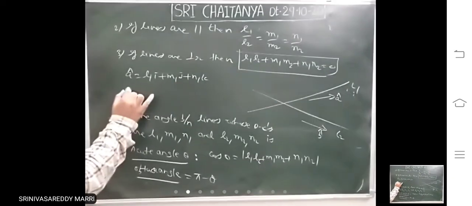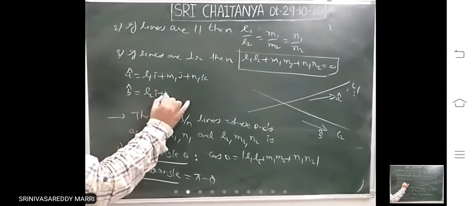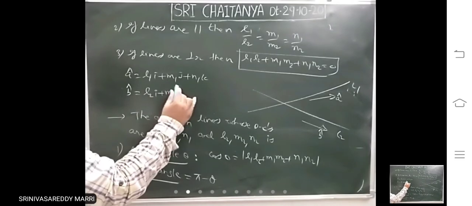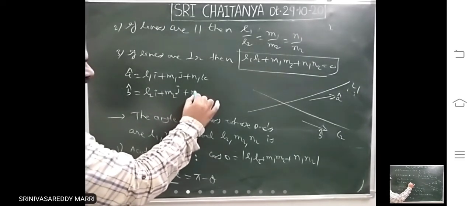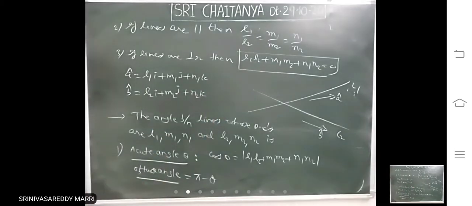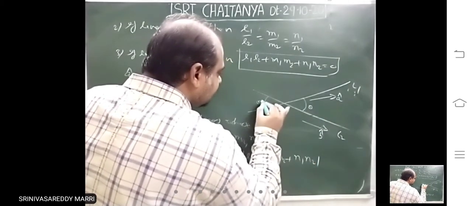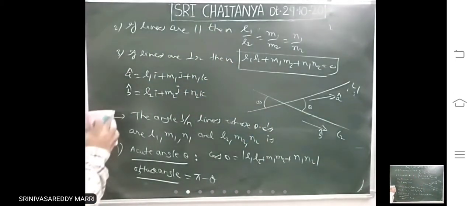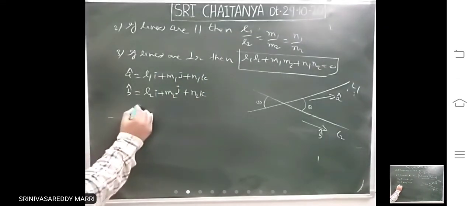B cap for the second line is L2 i plus M2 j plus N2 k. Let this angle be theta, the angle between A cap and B cap, the angle between their directions.